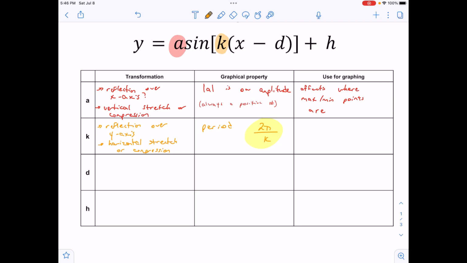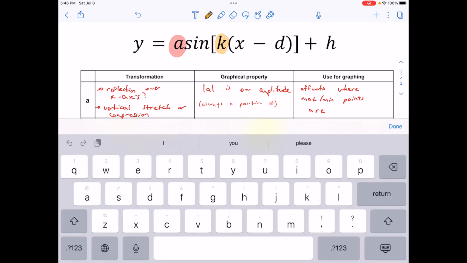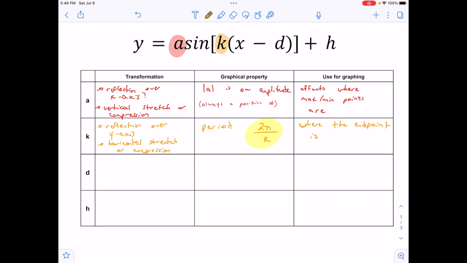We're going to use this to graph, to determine where the endpoint is. And that's just going to be for one cycle. Recall that trigonometric functions can go on for infinity cycles. We're only ever going to sketch them using one, sometimes two, but the k value is going to help us figure out where the endpoint is.